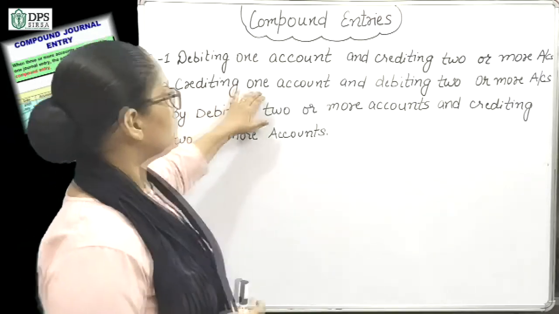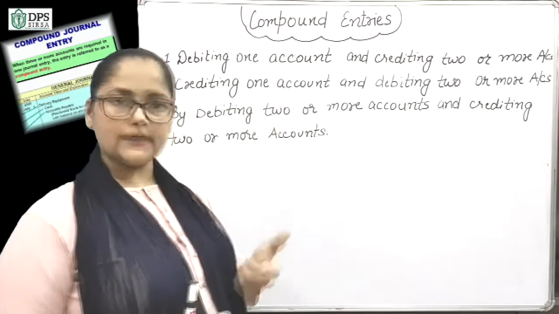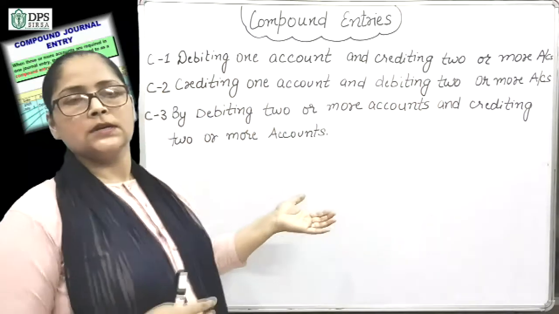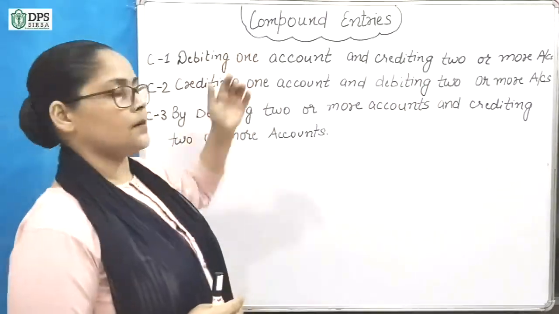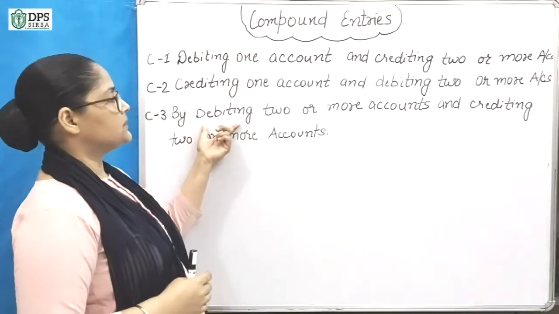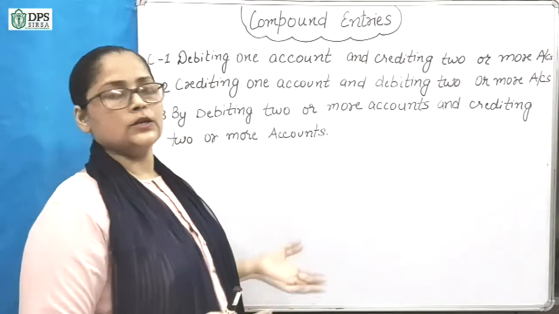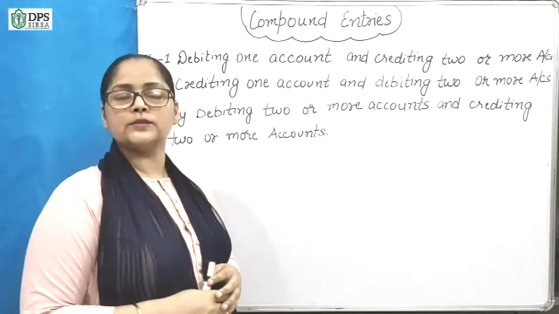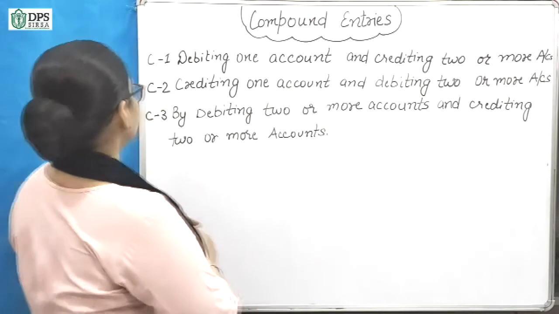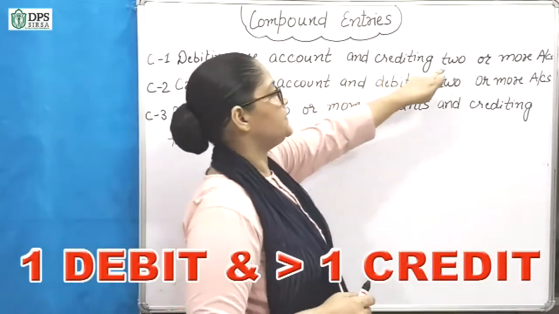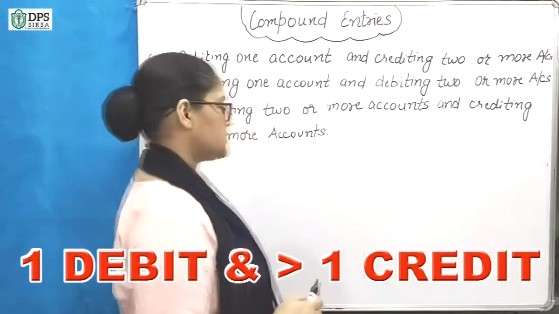And when we are crediting one account and debiting two or more accounts, then it is a compound entry. And two or more accounts can be debited or credited. So I am taking examples of these three. First case is debiting one account and crediting two or more accounts.